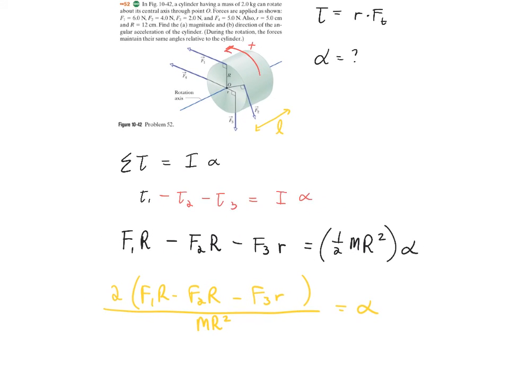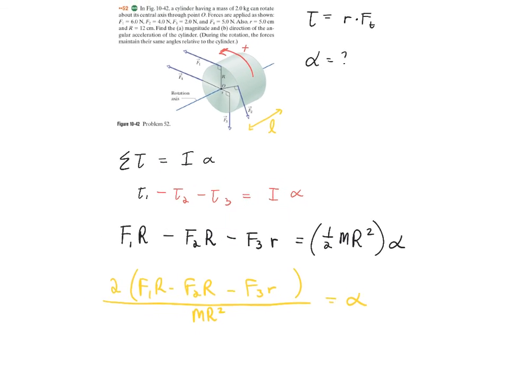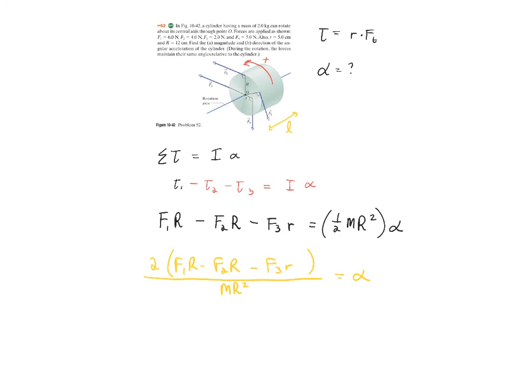So what do we have here? Let's see. We've got F1. I've got to zoom out so I can see it better, sorry. F1 was given as 6. Big R is given as 12 centimeters, so big R is actually 0.12.